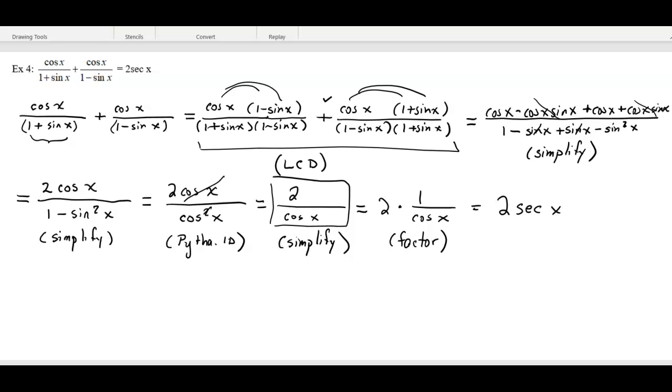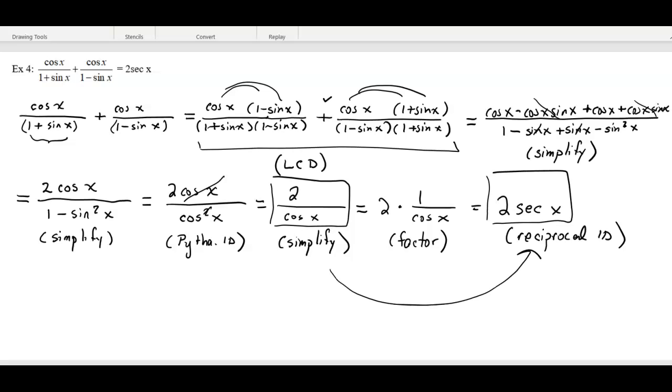But just to make it clear, 2 times 1 over cosine of x is 2 over cosine of x. 1 over cosine of x, if we're going to be pure, is secant of x. That's my reciprocal identity. Once again, you can go straight from 2 over cosine of x to secant of x, reciprocal identity. But I just want to show you a little bit more of what's going on there.